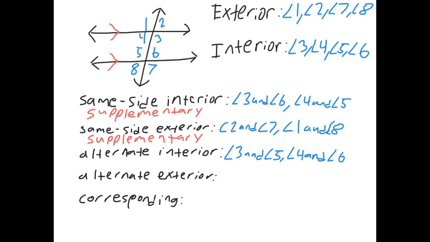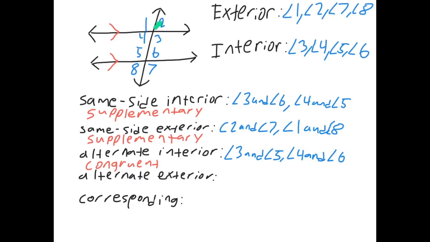And with alternate interior angles, those are always congruent. So angle 3 and angle 5 are the same, and so are angle 4 and angle 6. Then the alternate exterior angles, again, you look for the exteriors, these and these, and you look for their alternates.